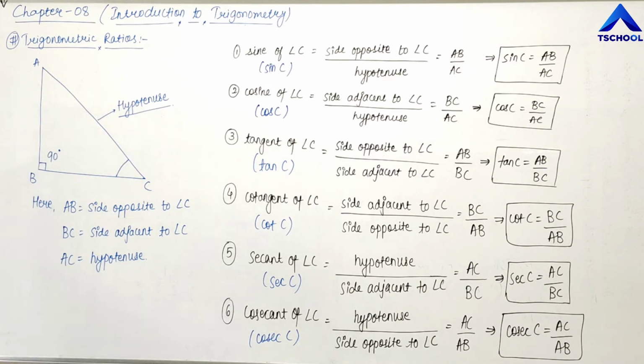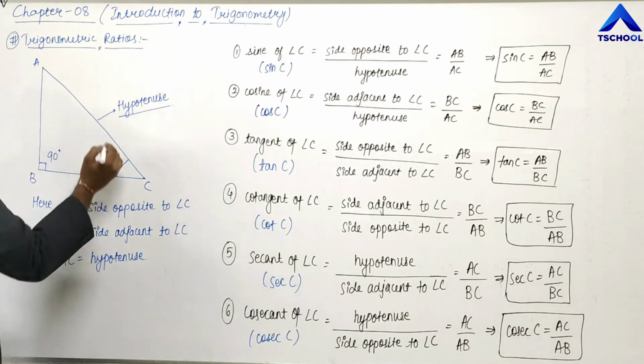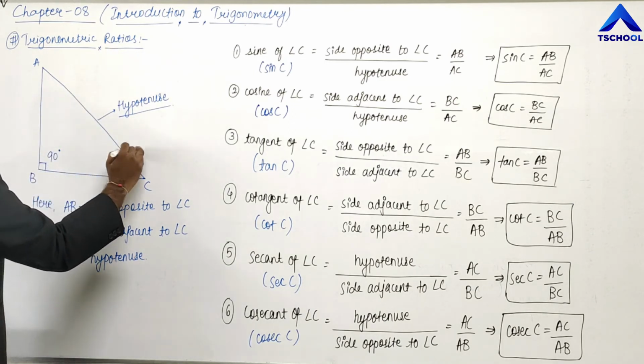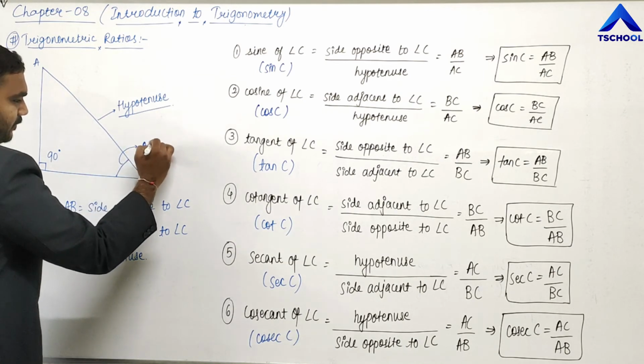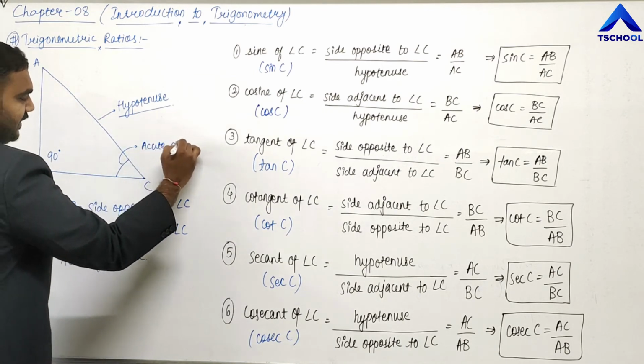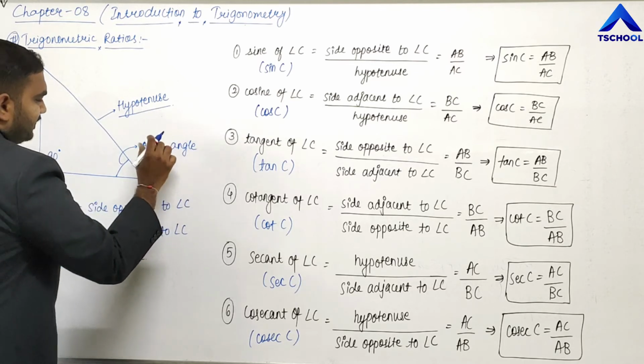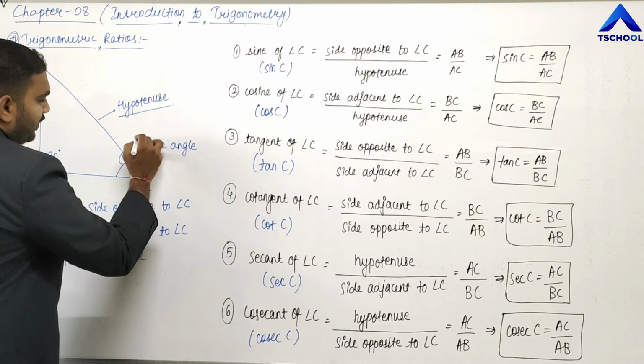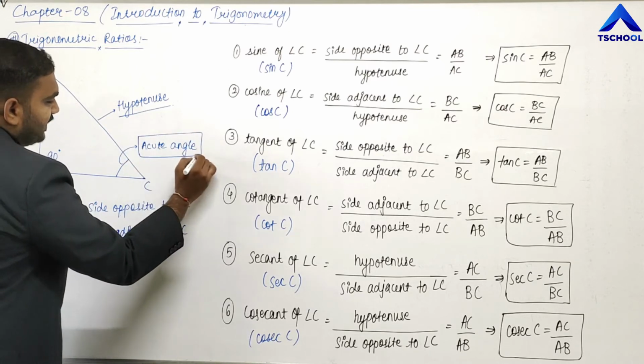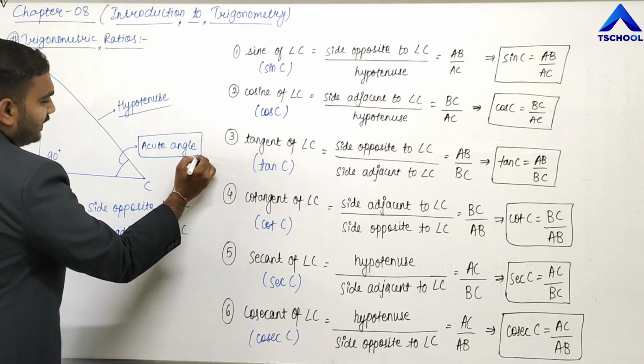Here, friends, one more thing I would like to add, that the reference angle, angle C that we have taken, will be an acute angle, right? Because if this becomes an obtuse angle, then this triangle will no longer be a right angle triangle.